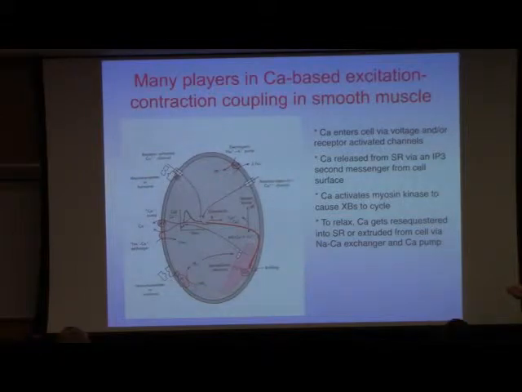There are also channels that may let calcium in because a neurotransmitter or hormone is bound. So this would also let calcium come in. Calcium can come in through the sodium-calcium exchanger at high potentials, where it runs in reverse mode. And there's also this kind of channel, where a neurotransmitter or hormone binds, coupled to something called a G-coupled receptor.